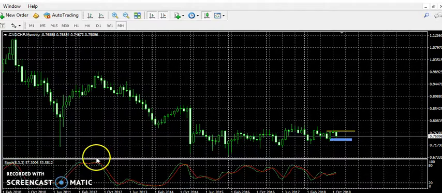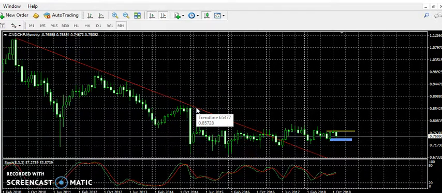It has to create a lower low for us to initiate a downtrend. As we can see, the lower low was created here, so the rule states we are allowed to draw a trend line. So up until here, we can see that the trend line is respected and things changed in this region.